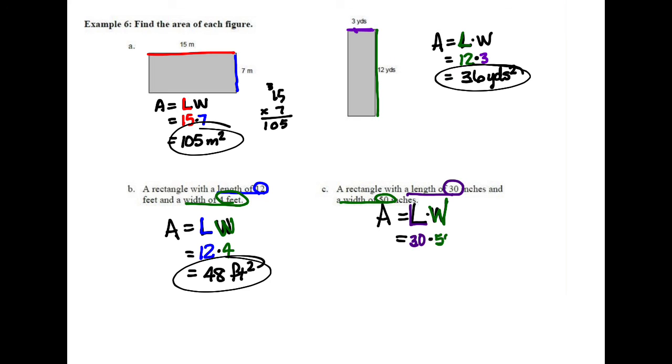So we put a 50 where the W was. And now 30 times 50, we'll use our little shortcut. So 3 times 5 is 15. 0 times 0 means you have 2 zeros at the end. So inches squared. And there you go.